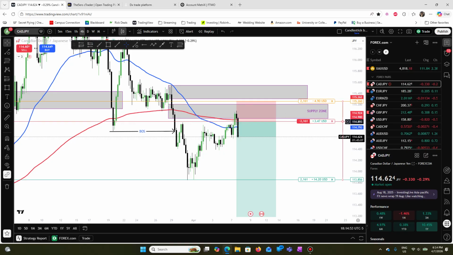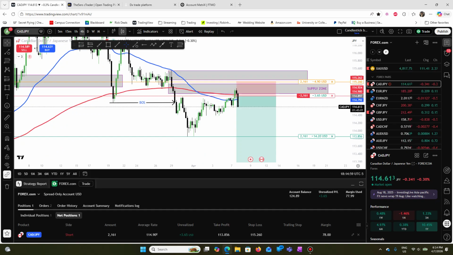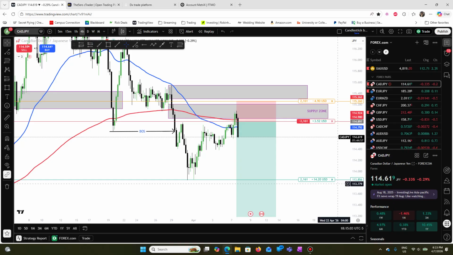So then I went into the sell position, but with the capital that we have, we only had $121. So I cannot risk too much. So I'm risking about $5. You know, for a $14, 5 times 3 is 15. So it is about 1 to 2.8, 1 to 2.9 for the risk on this trade.